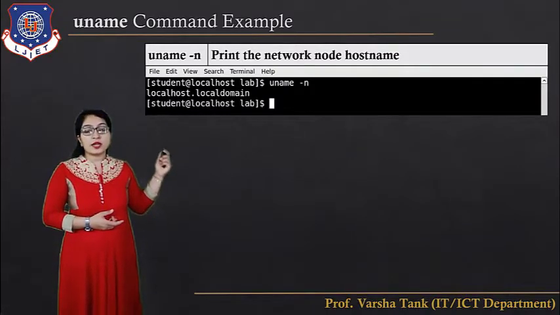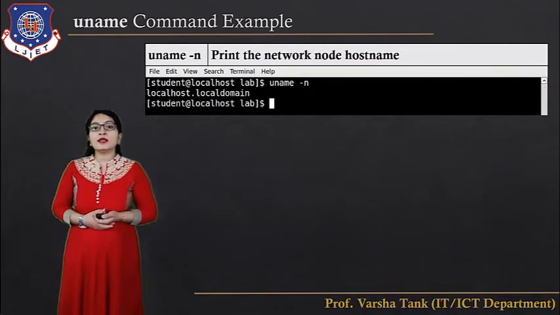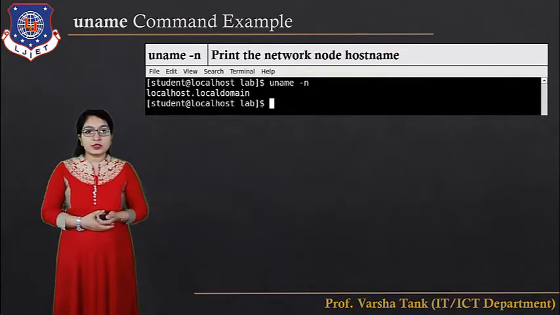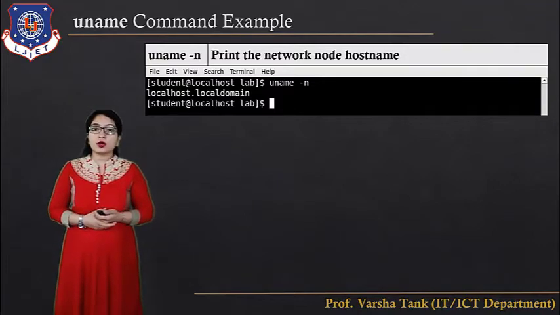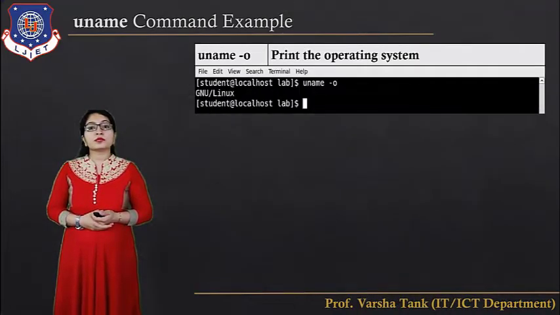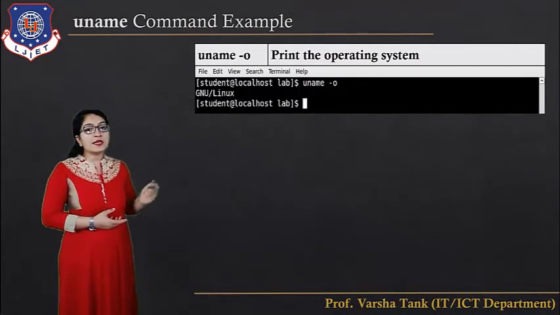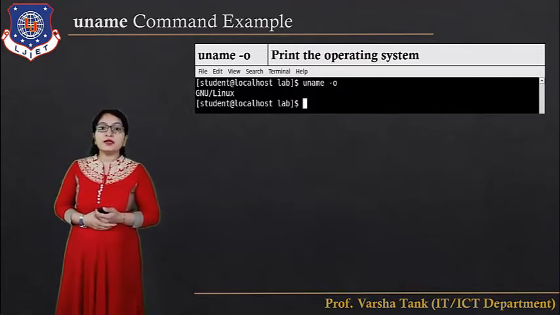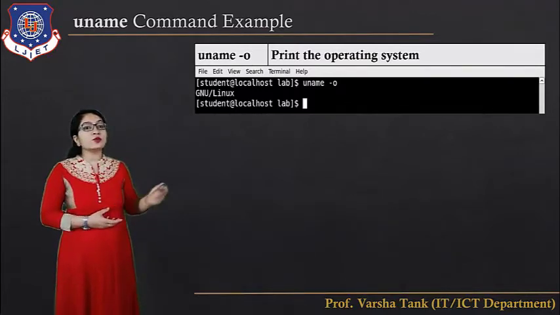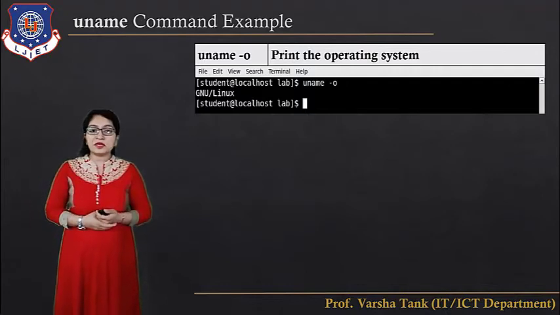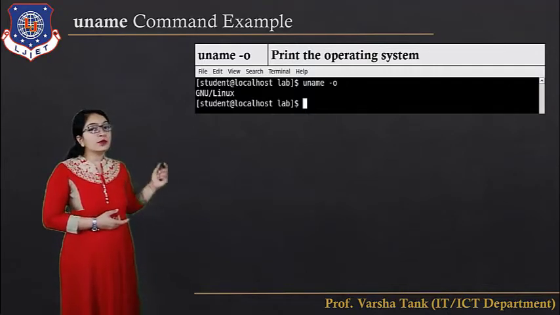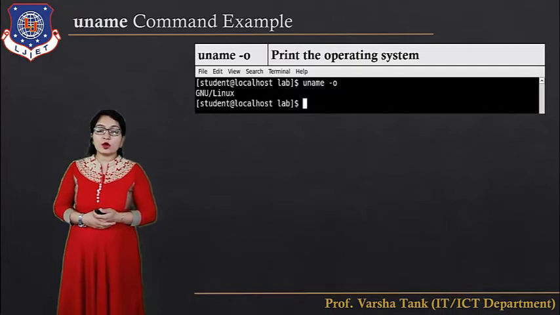So whenever you write uname -n, you will get the output of the network node host name. Here it is localhost or local domain. Then next is uname -o, that means it will print the operating system. So here if you have written uname -o, it will display GNU/Linux, that is the operating system.